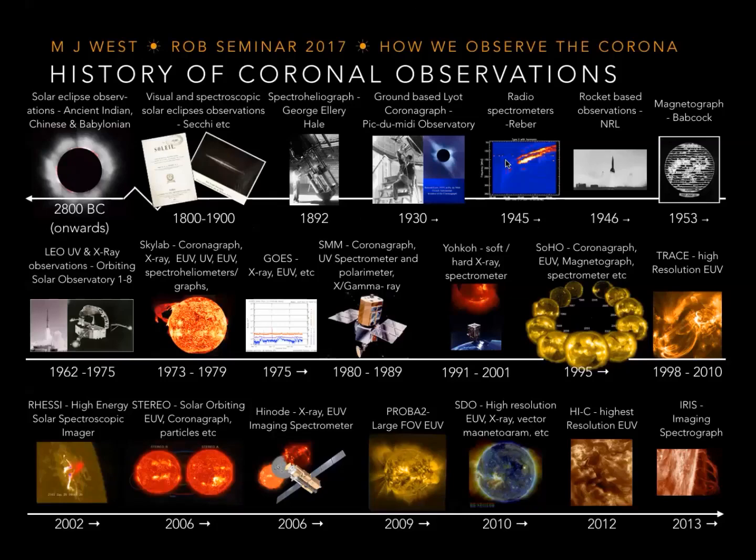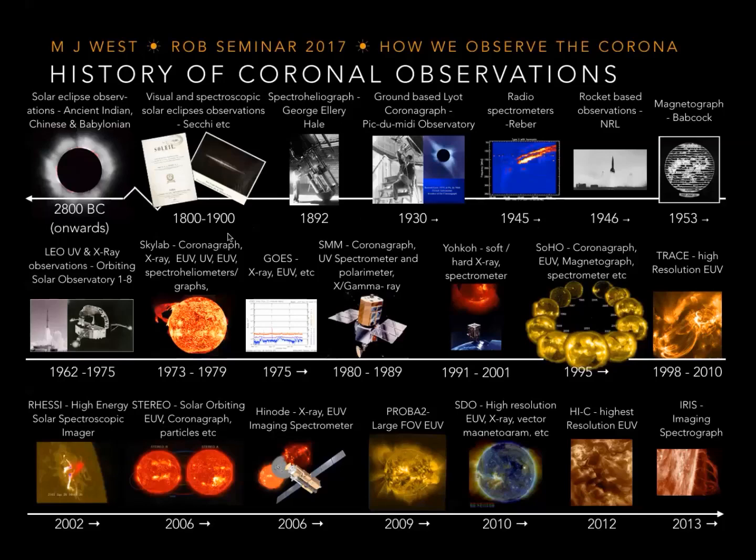We've been observing the corona all the way back in ancient times through solar eclipse observations, and this was done in ancient Indian, Chinese, and Babylonian observations. These have been ongoing since then, but it's only when we get into the 19th and 20th century that we actually start to make regular observations of the solar corona.